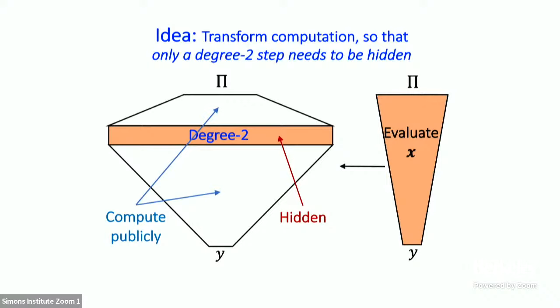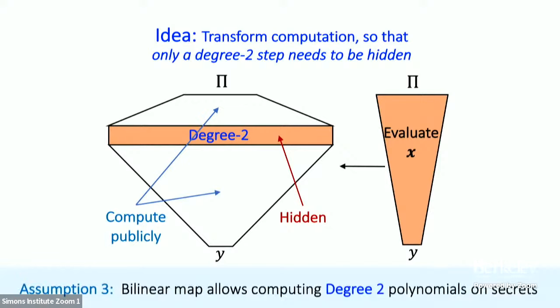If we can really minimize the degree of the secret computation to be such a simple degree 2 polynomial, then we know how to hide it because we have this tool called a bilinear map, which essentially allows us to compute degree 2 polynomials on secret values. And bilinear maps can be implemented using elliptic curves, which is a really well-known mathematical tool that we use day to day in order to secure the internet today.